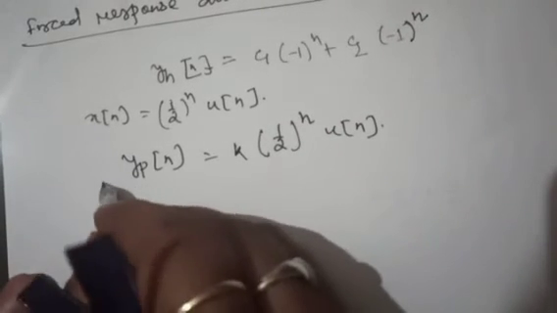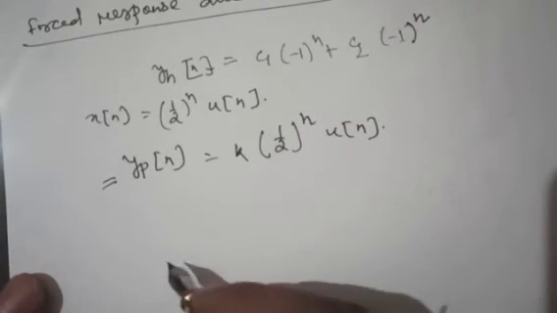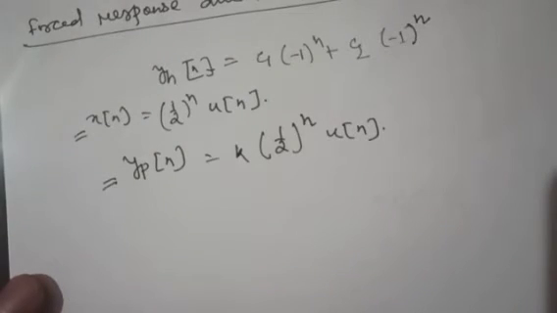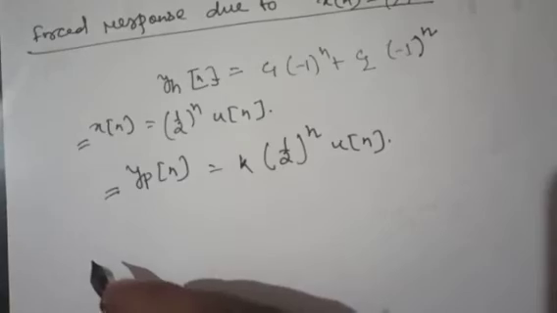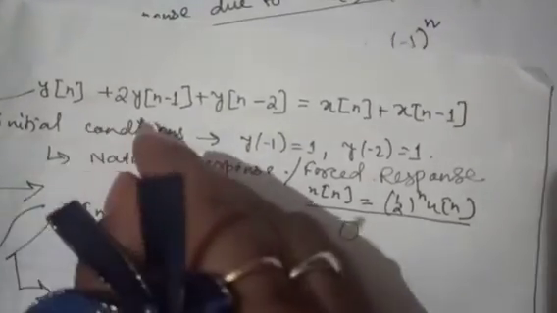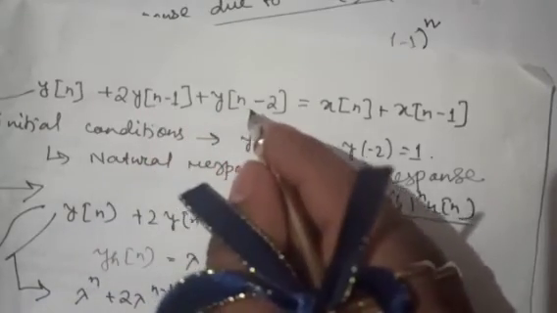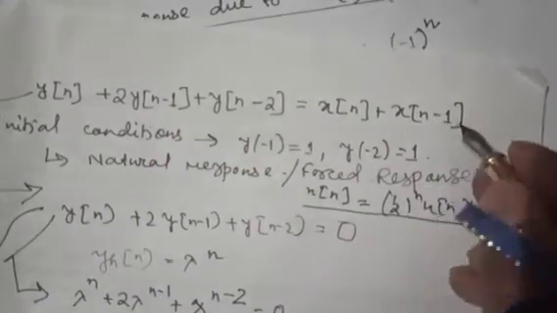Now we put this y_p(n) and x(n) into the given difference equation. The given difference equation is y(n) + 2y(n-1) + y(n-2) = x(n) + x(n-1).